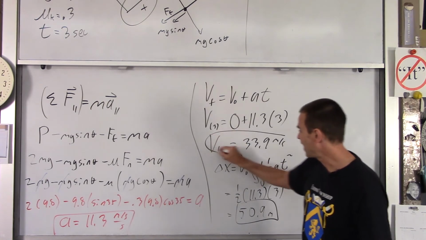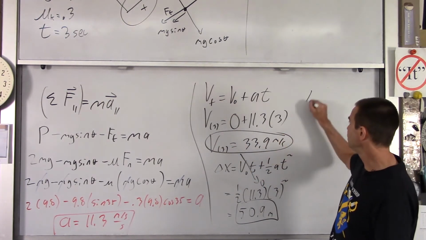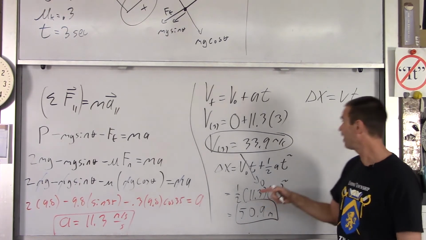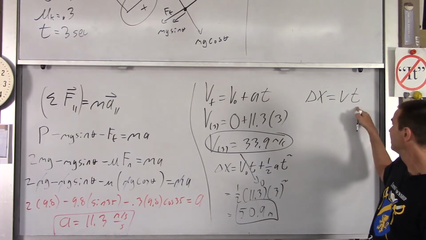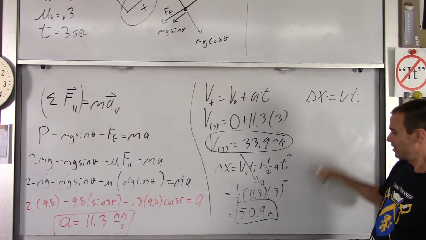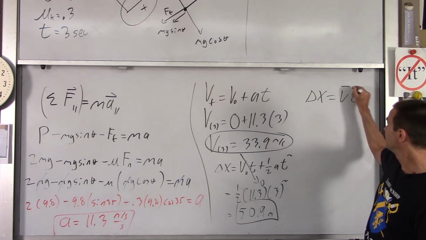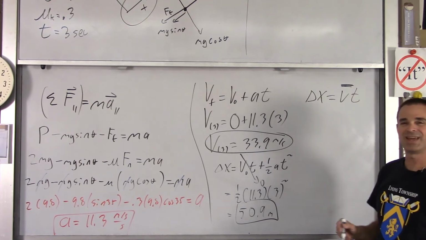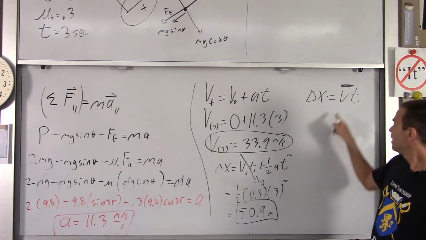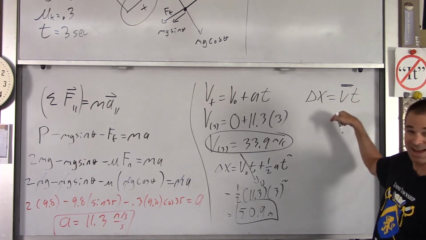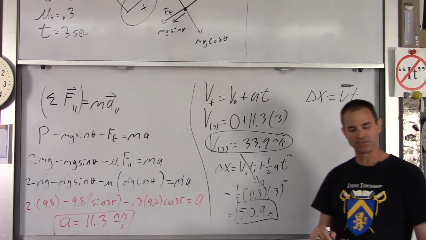if you've got v final and you try to use delta x equals vt, some people will say, oh, I'll just take 33.9 and then my 3 seconds in there. That isn't going to give you 50.9, because this v is v average. That bar isn't there for decoration. That bar means it's the average velocity. Now that's real easy to calculate in this situation.